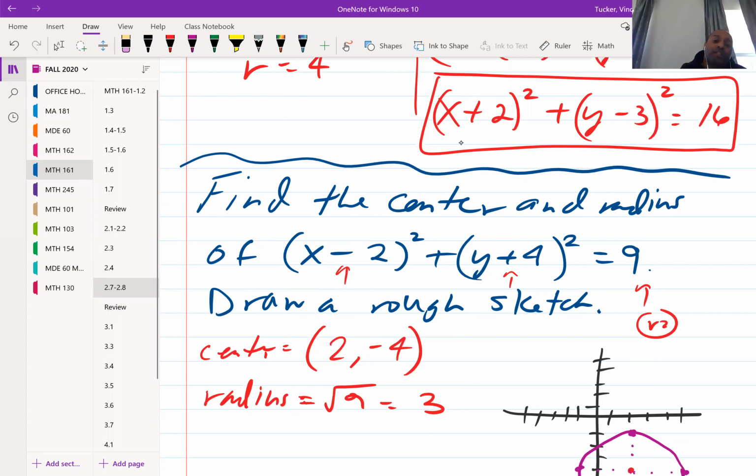So notice we have x minus 2. So that means we have positive 2 as h. Then we have y plus 4. So that means we'll have negative 4 as k. You use the opposite signs. Then we take the square root of our constant. So the square root of 9 is 3. That will be our radius.